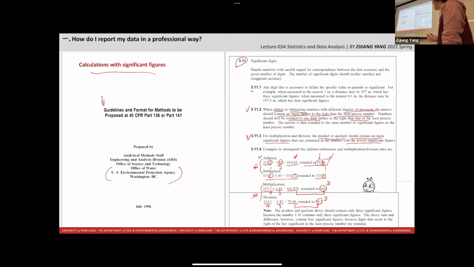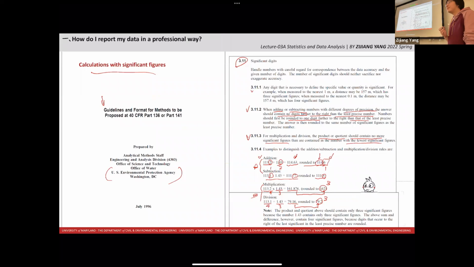Do you guys have any questions about this? The previous student had a question: sometimes we have data like a count, like 1, 2, 3, 4, 5. For this, I would say we can assume that the count number is infinitely precise. So even though we have, like, 4 times 1, and this 1 refers to the count, we do not care about it.